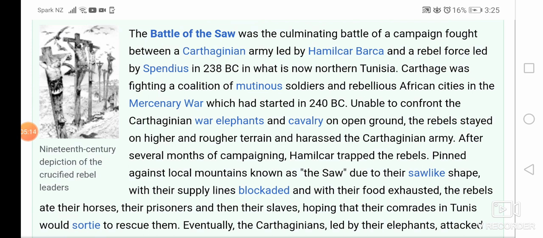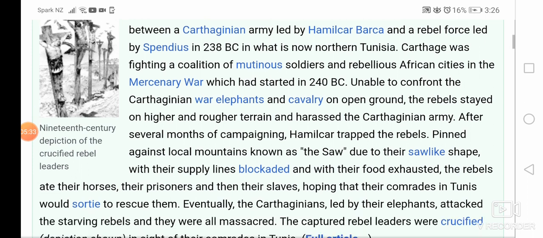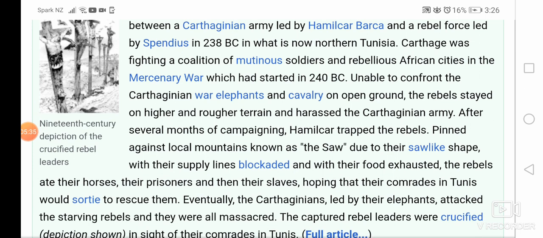Carthage was fighting a coalition of mutinous soldiers in rebellious African cities in the Mercenary War, which had started in 240 BC. Unable to confront the Carthaginian war elephants and cavalry on open ground, the rebels stayed on higher and rougher terrain and harassed the Carthaginian army.